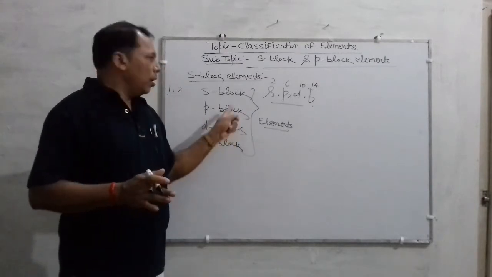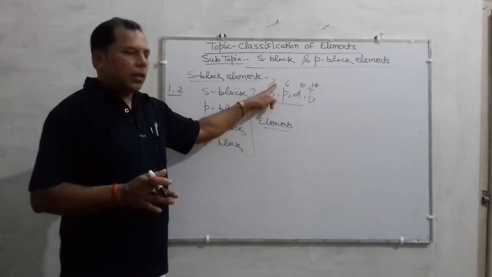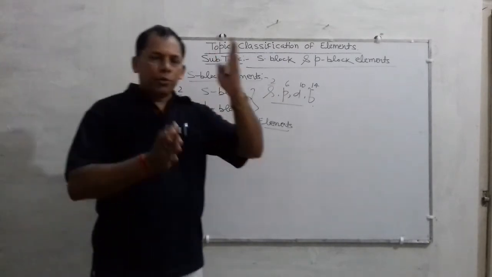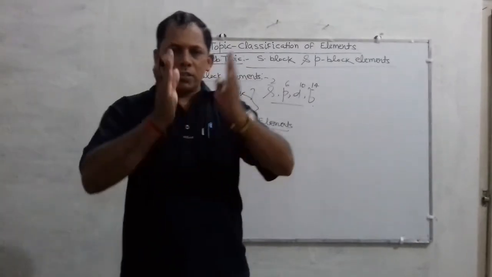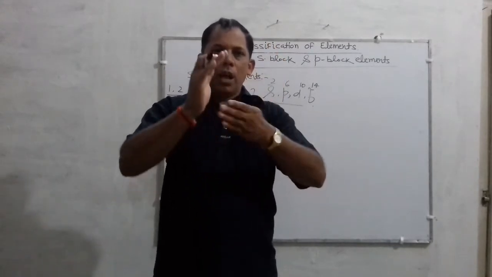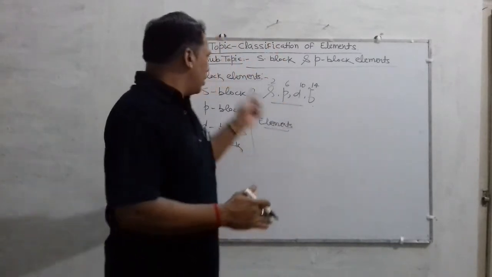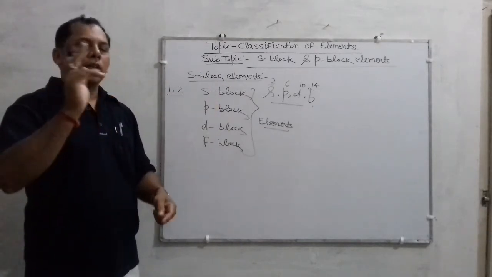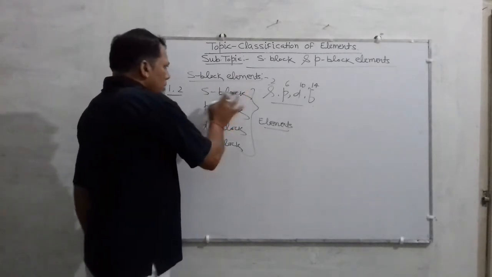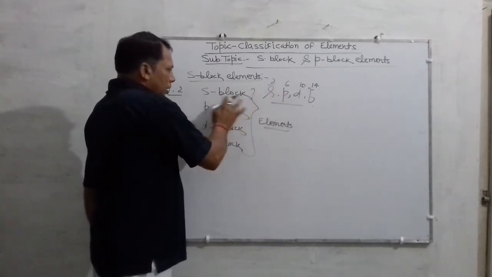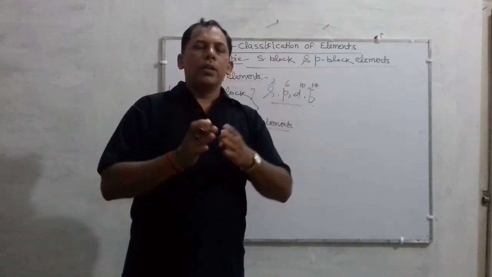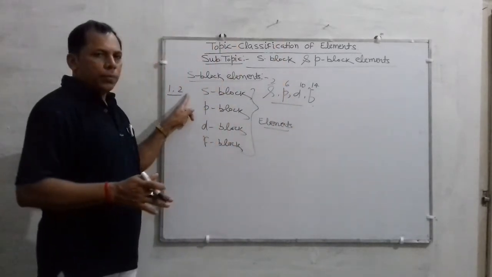Here the meaning is not electrons. Listen children, I am just going to relate how the S subshell and S and P blocks can be related on the basis of electronic configuration. So S2 means S block elements are present in 2 groups, that is first group and second group.